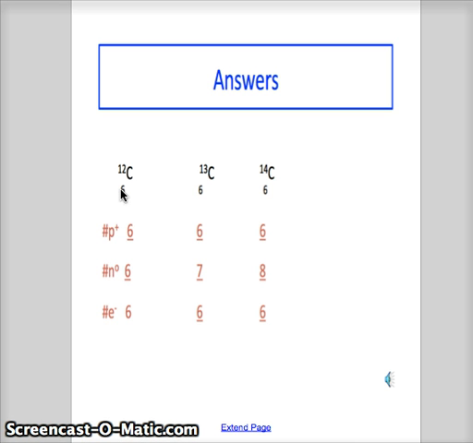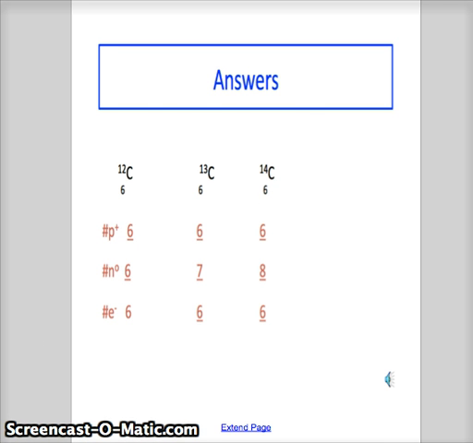And since the atomic number is the same as the number of protons, then all you have to do is take the mass number and subtract the number of protons, or the atomic number. That gives you what's left in the mass number, which is the number of neutrons. So if the mass number is 13 and you already have 6 protons, 13 minus 6 gives you 7. And lastly, 14 minus 6 gives you 8.